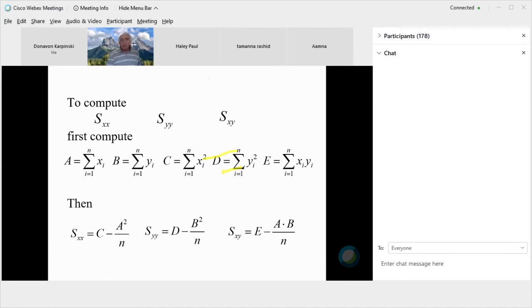So to compute those three quantities, first compute the following 5 sums, A, B, C, D, and E. Then SXX is going to be C minus A squared over n. SYY is going to be D minus B squared over n. SXY is E minus A times B over n.